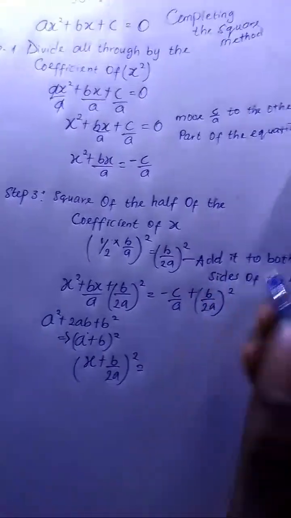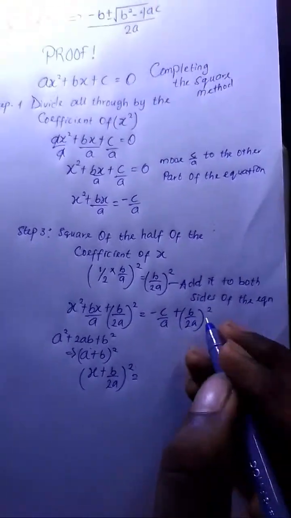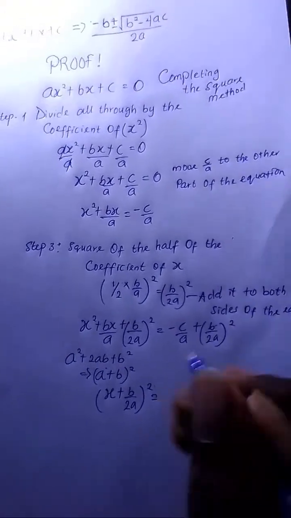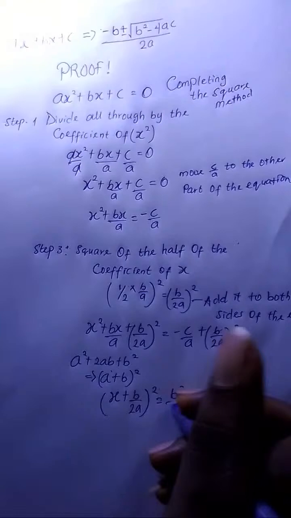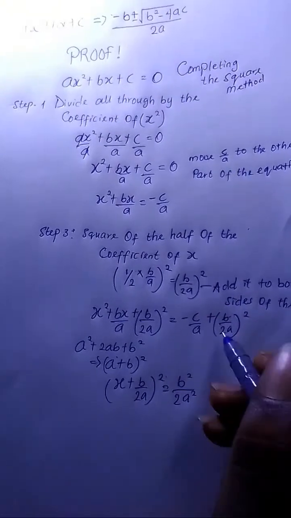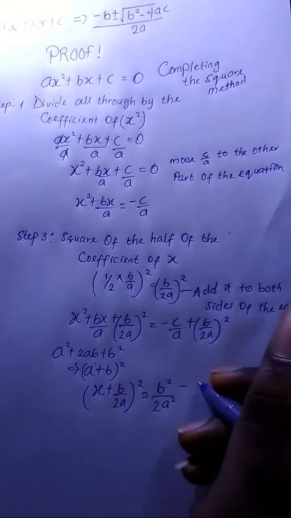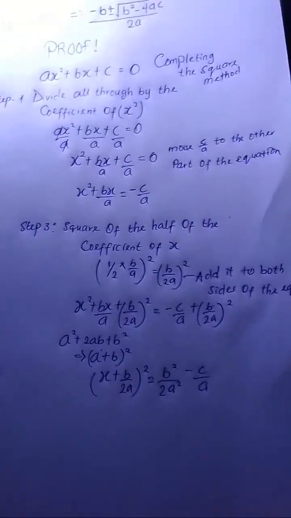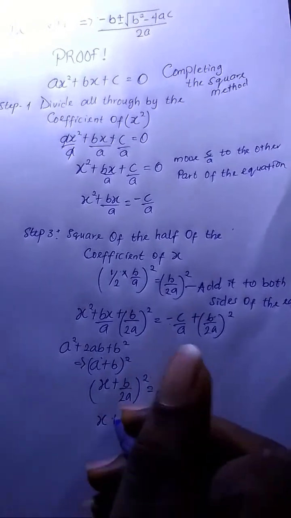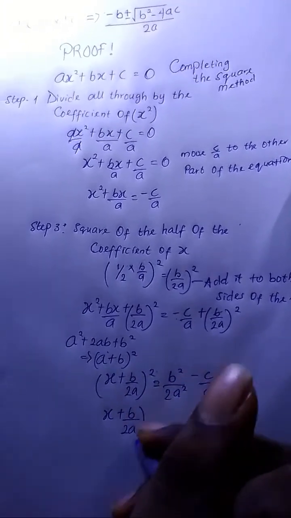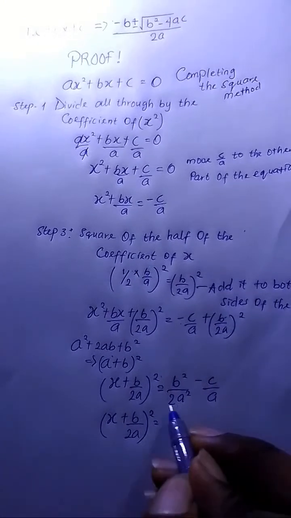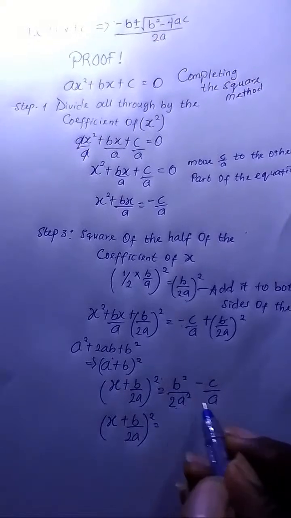So on the right we have b squared over 2a squared, because the square covers everything. We write this first, minus c over a. So we have x plus b over 2a squared equals, and from here we can do the LCM. What's the LCM of 2a squared and a?